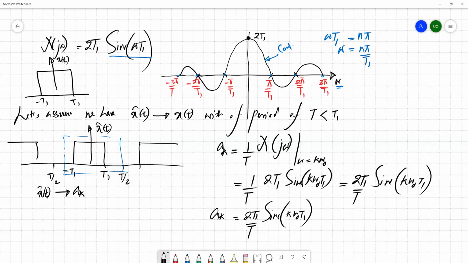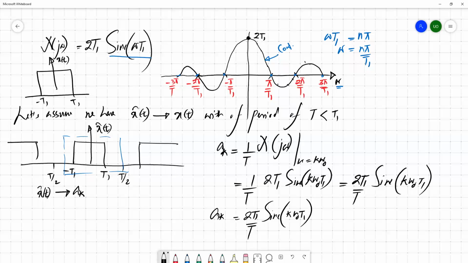So by sampling at the frequency omega naught, we can get it simply. Maybe you can take one sample here, another sample here, another sample here, likewise, depending on the values of omega naught and t1.